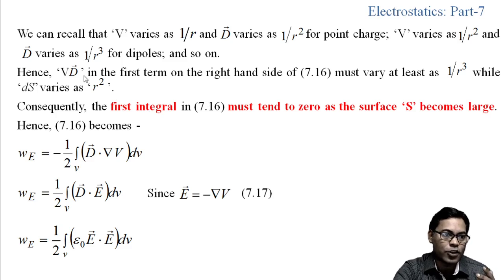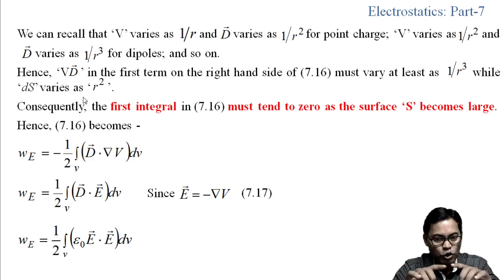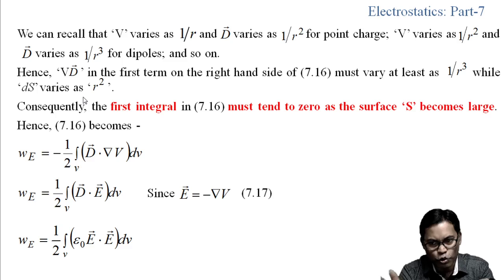For a monopole, VD varies as 1 by r cube, while dS varies as r square. If we consider the surface of the sphere, the surface is increasing, so dS will increase. dS means the area, with two sides of length r, so we get r square.